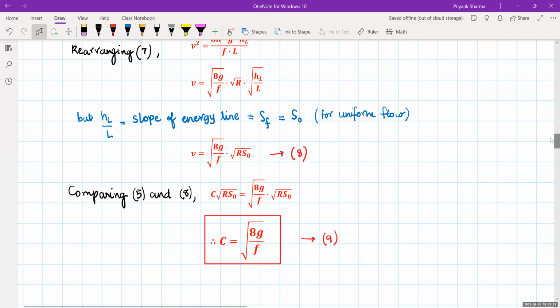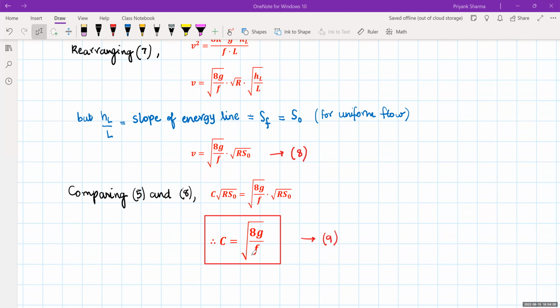Just comparing those two equations, that is equation number 5 and equation number 8, you get C under root R S naught is equal to under root 8G by F into under root R S naught. This gets cancelled and C is equal to under root 8G by F. So your Chezy coefficient is inversely proportional to the square root of the Darcy-Weisbach friction factor.